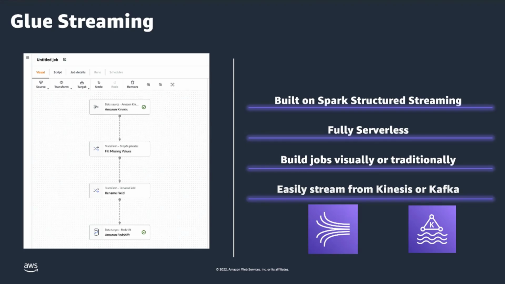And so streaming is a great way to move your Spark jobs from batch into a micro batch and streaming method, because really the difference between streaming and batch is only a few lines of code. Glue makes it fairly easy to migrate from one to the other, either visually or in a traditional manner.